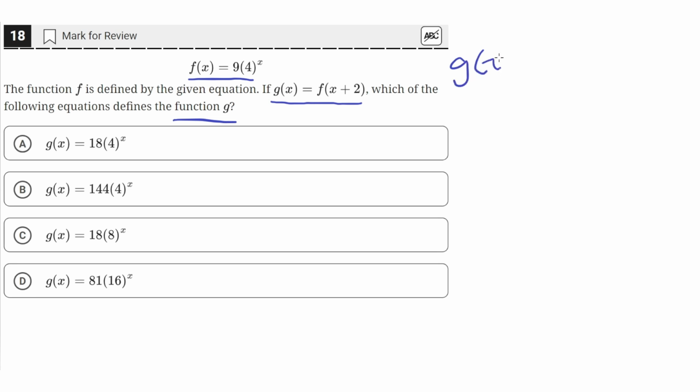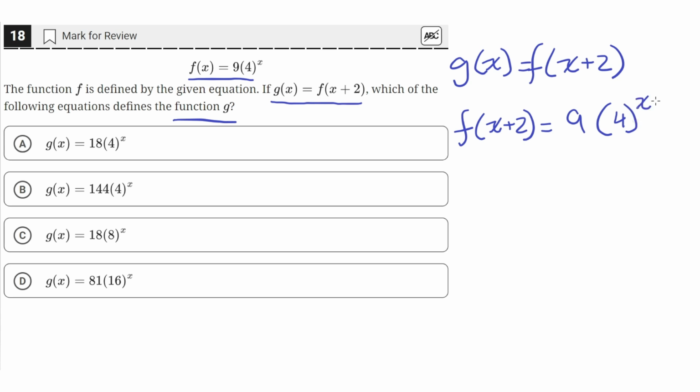So we'll just plug x plus 2 into this equation. So f of x plus 2 equals 9 times 4 raised to the x plus 2. So x just got replaced by x plus 2 instead.